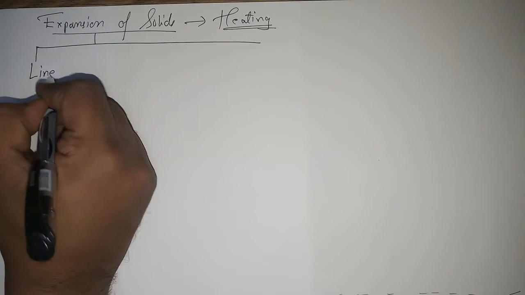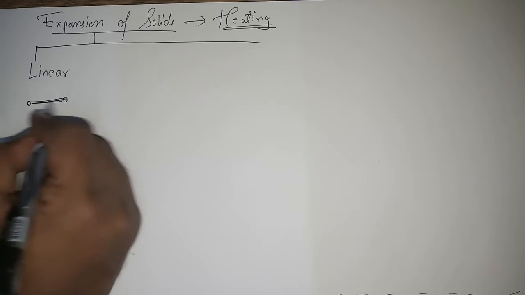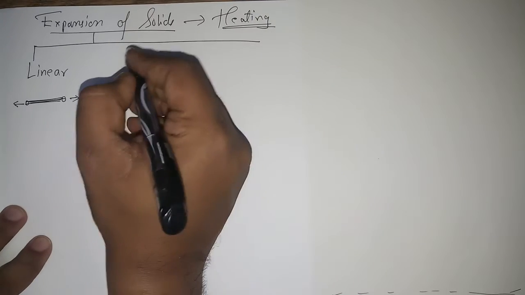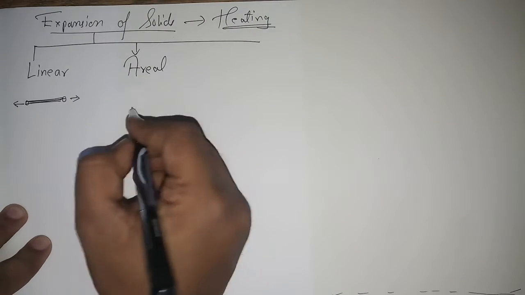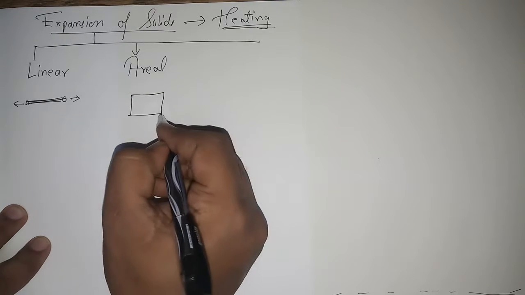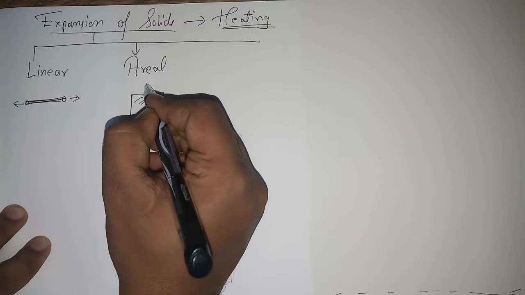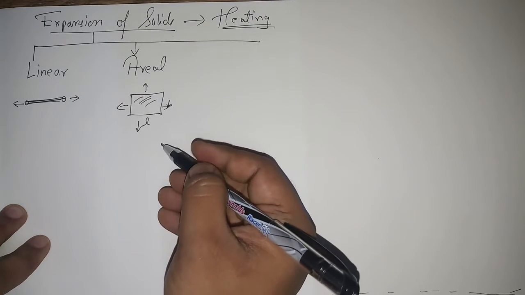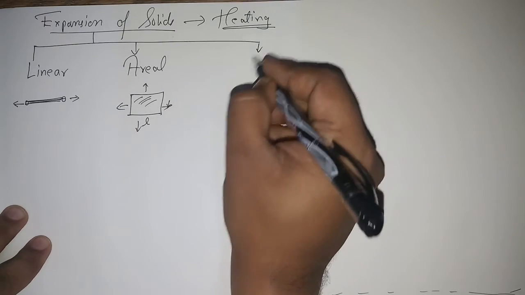One is linear expansion. If there is a rod and if you heat it, it will expand, right? Second is areal expansion. If there is a metal sheet of some length and breadth, it will expand from all the sides. That expansion is called areal expansion.